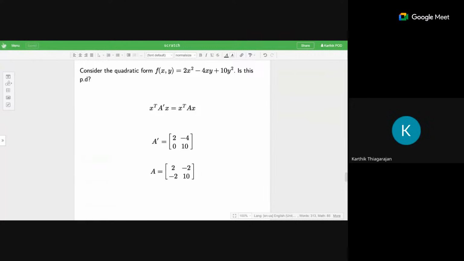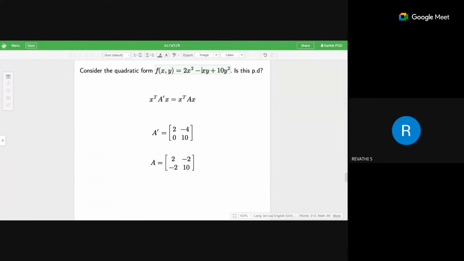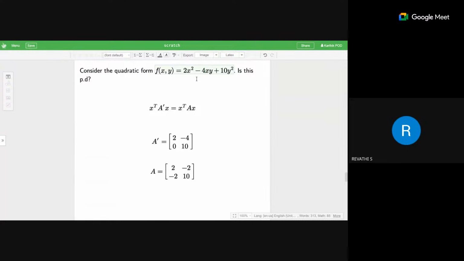Sorry. So see, the product of eigenvalues is the determinant, right? If you want your determinant to be negative, how should you change this? I don't want to change minus 4. We can take minus 2 or minus 10. No, like x square or y square coefficients.